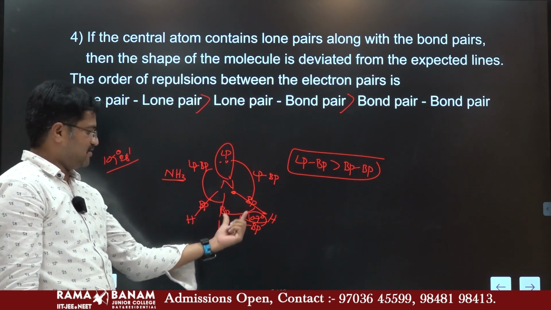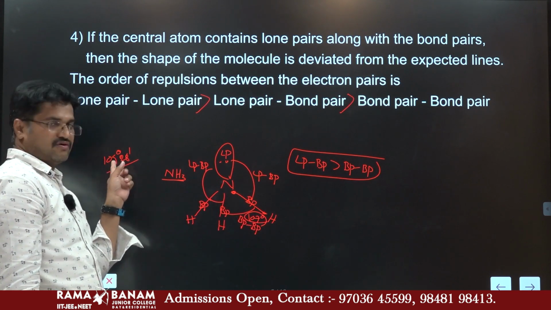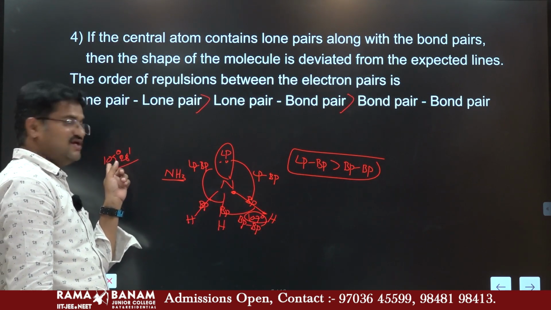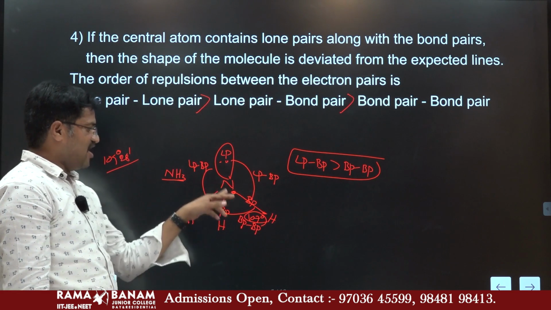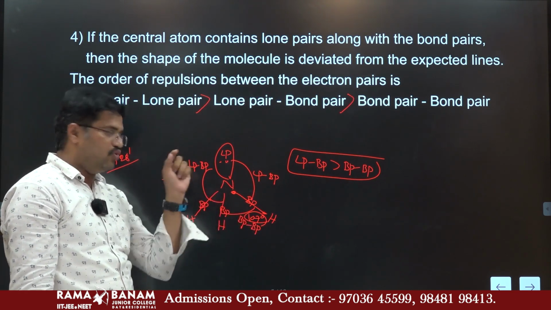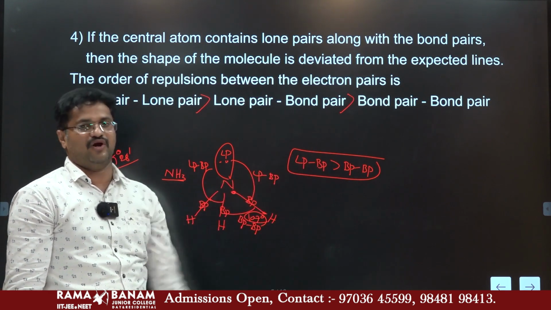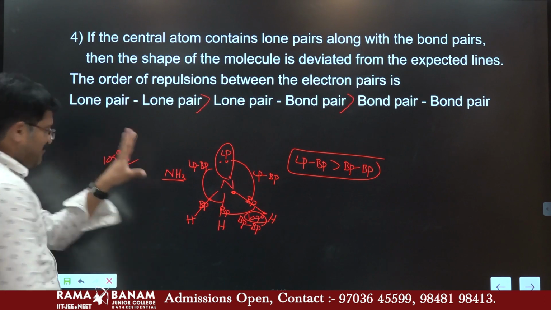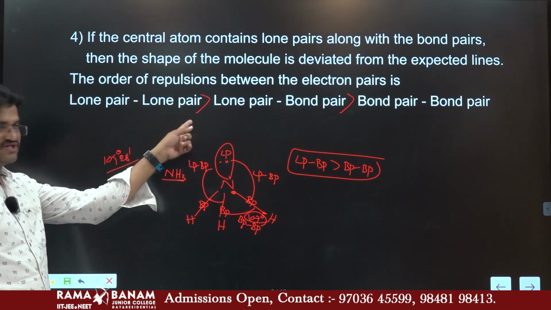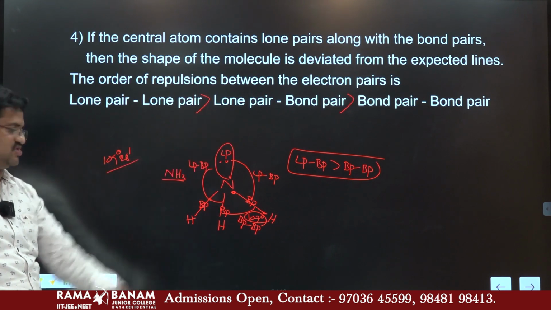This is the bond angle. In ammonia the bond angle is 107 degrees, but in methane it is 109 degrees 28 minutes, for the only reason that lone pair-bond pair repulsions are greater than bond pair repulsions. So finally, lone pair repulsions are greater than lone pair-bond pair repulsions.